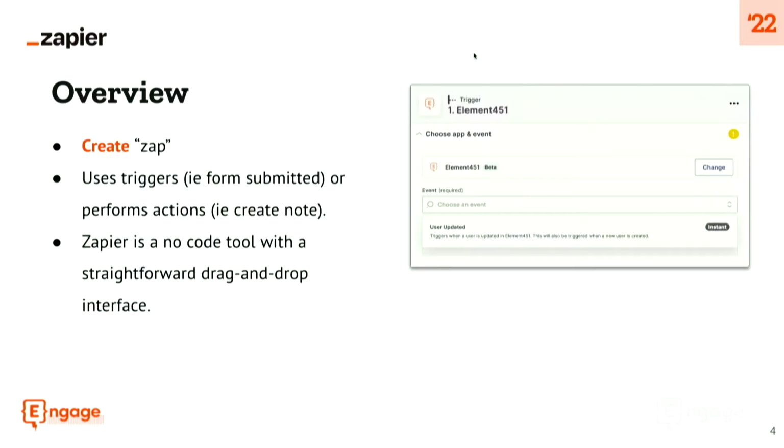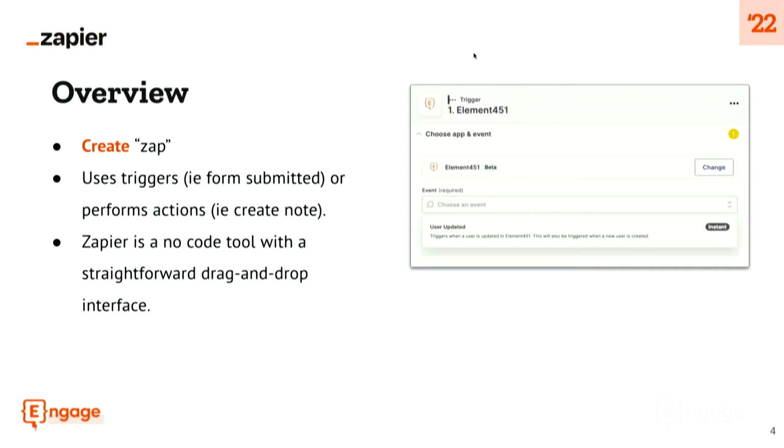The big skeleton structure of what we call a Zap is you're first going to select what the trigger is going to be. What is going to be the event that sends data from your one tool to the other tool.